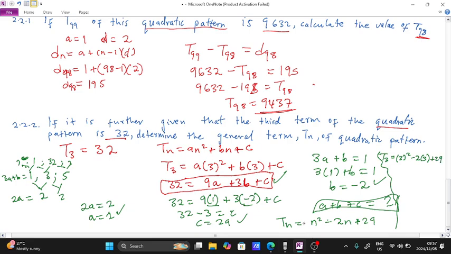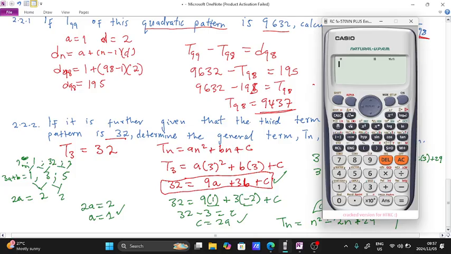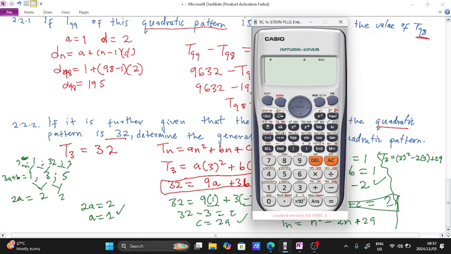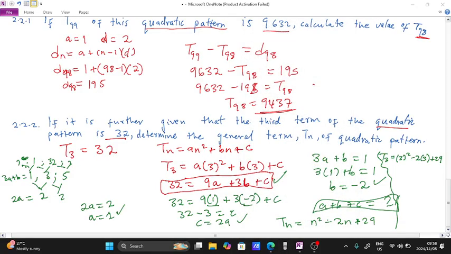If you check, you get the third term to be 32. If it's not, something is wrong. So 3 squared minus 2 into 3 plus 29, then you get 32, which means your general term is fine. But if you fail to get that, you must prove your general term again. If not, then it means you are not doing the right thing.